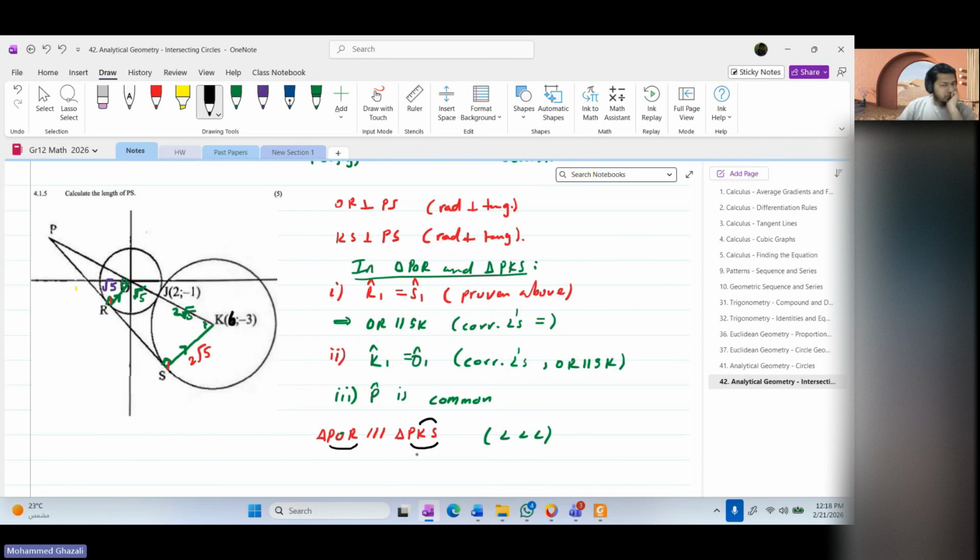There was an easier way of doing it, but it's fine. I'll show you the second method. We could have found the equation of KP and found the equation of the other line, but will that help us? That's root 5.